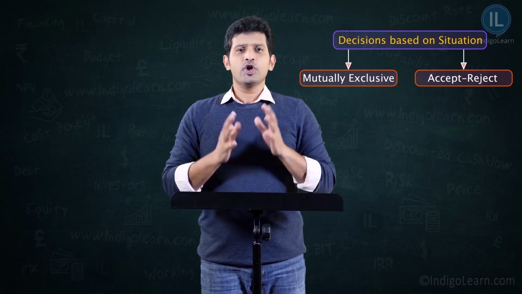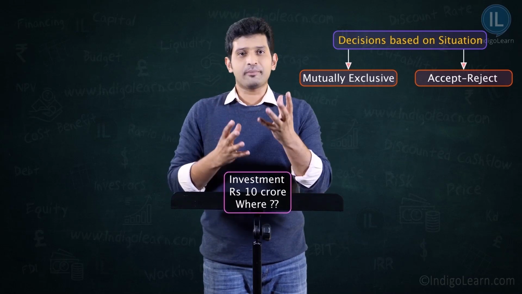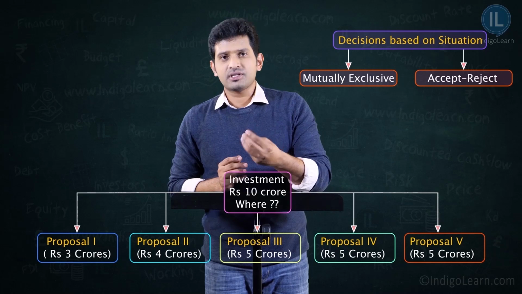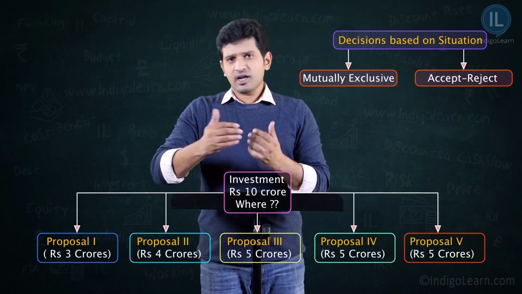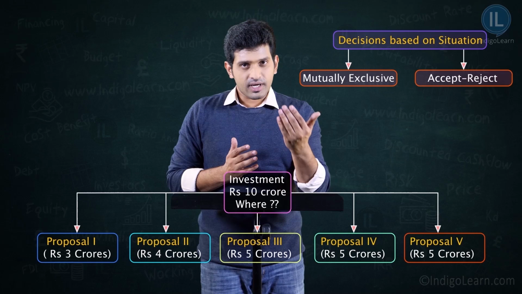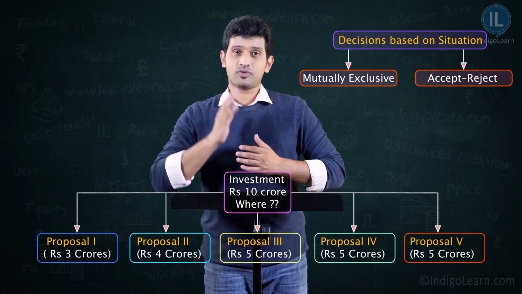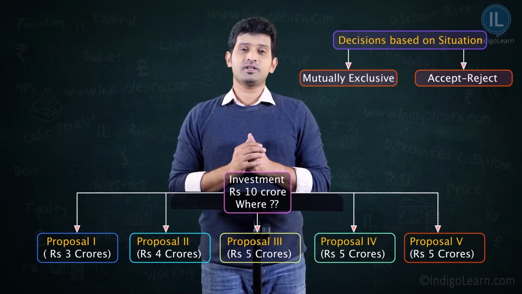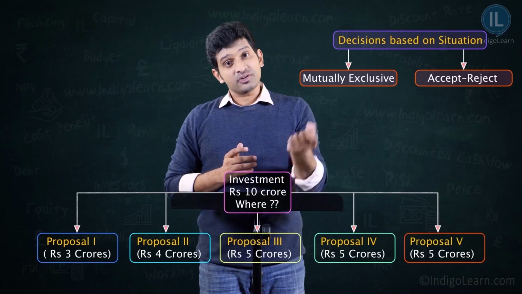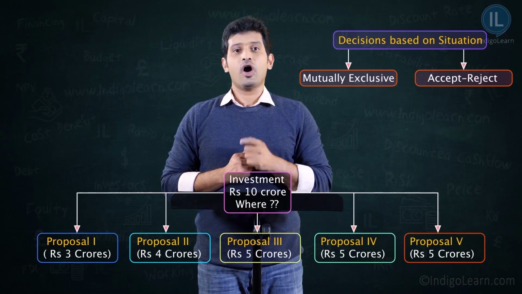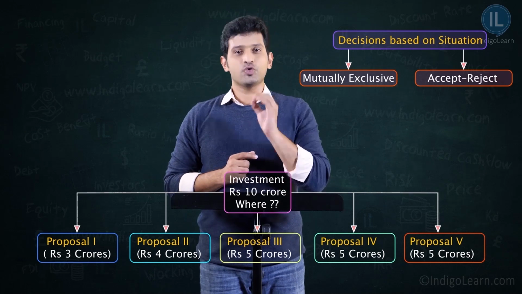Now, if you want to go ahead with more than one project, say, for example, you have a 10 crore budget and there are some 4-5 proposals. Say one proposal is 3 crores, another is 4 crores, another is 5 crores, and there are 2 more proposals like this. Now 3 plus 4 is 7, plus 5 comes to 12 crores, which is over and above the budget. Of all the proposals you have, according to the evaluation technique, which are the best proposals you want to choose?